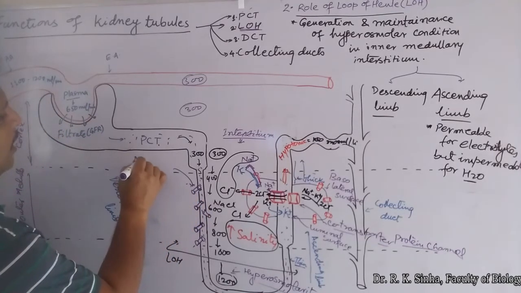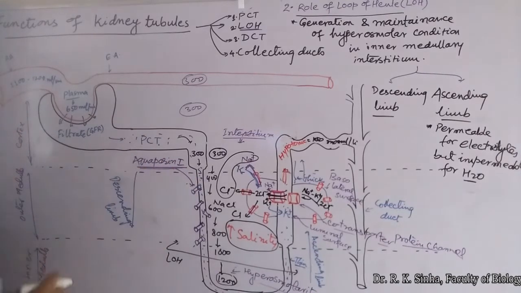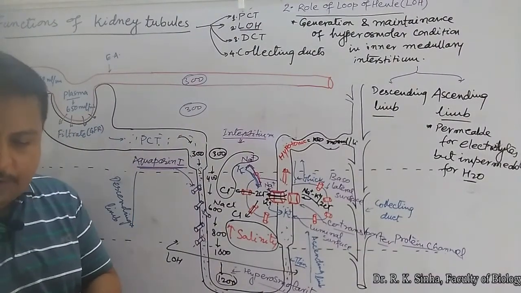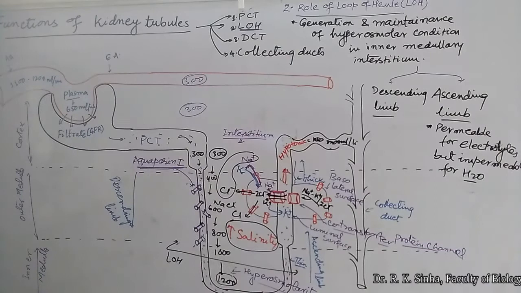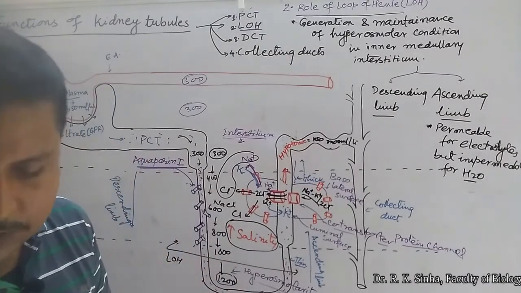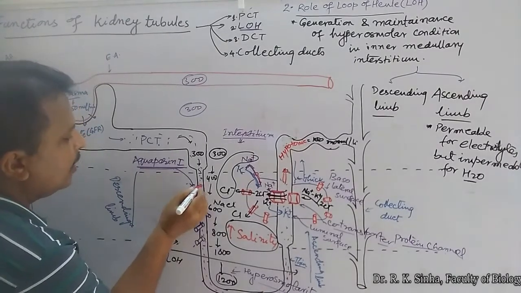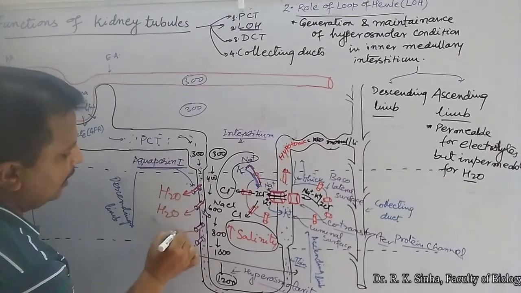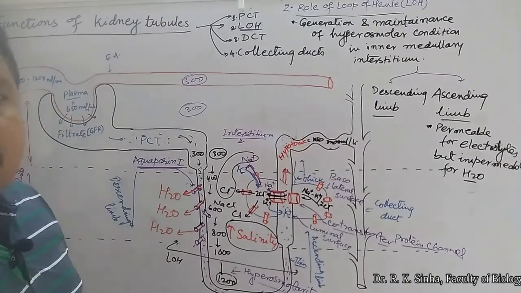This aquaporin passively, meaning osmotically, will allow the water to move out. There will be removal of water through this aqua channel. Aqua means water, in this channel or pore.